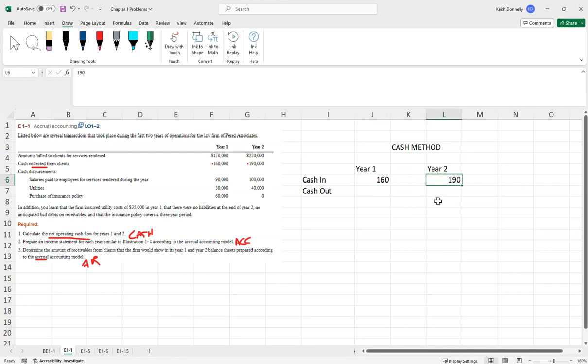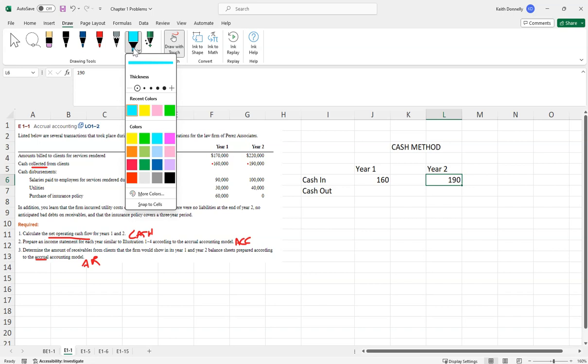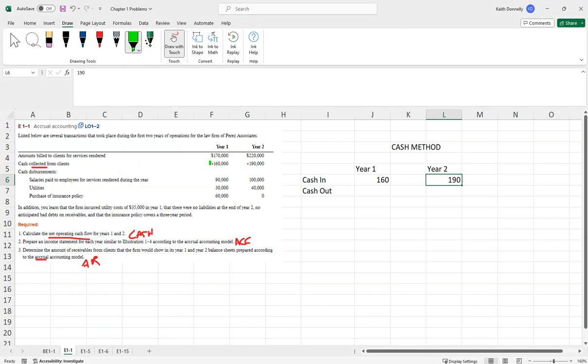Obviously, if you're doing this in the homework, you'd put all the zeros. So there's our cash in. Nothing else over here seems to indicate anything else, so I'll make this green dots. So we got our cash in.